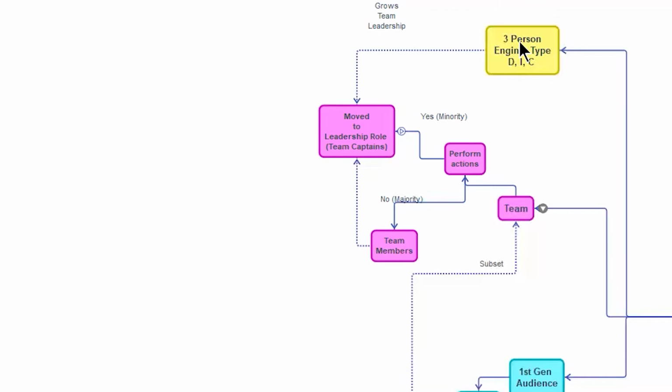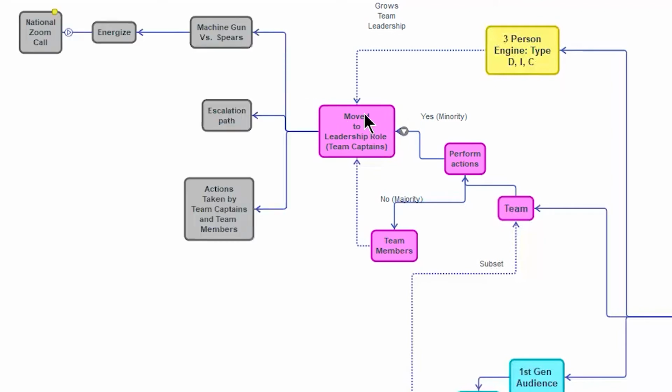They inherently are the types of people that will identify why an idea will not work, and are naturally drawn to paying attention to small details. Both the director and the inspirer lack that characteristic of being detail oriented. So by combining these three people types, we have an effective three-person engine.